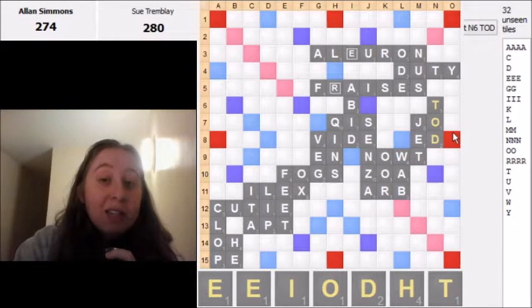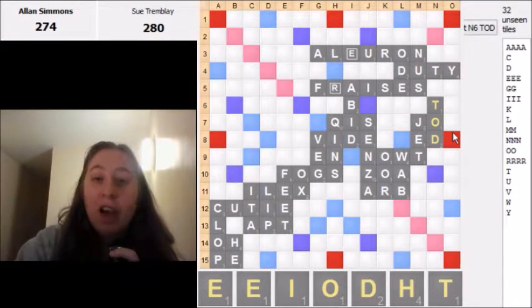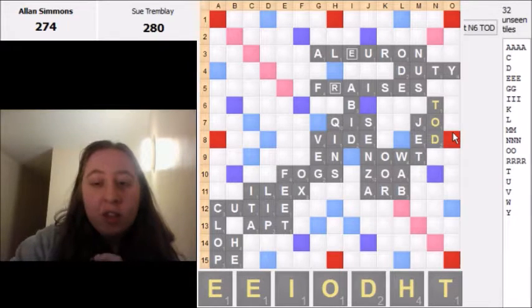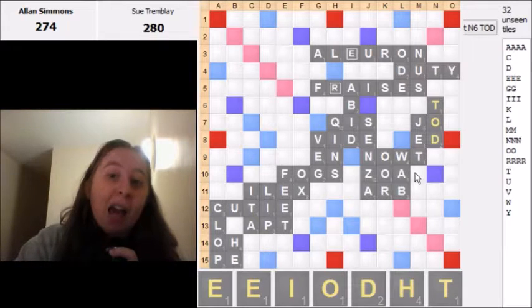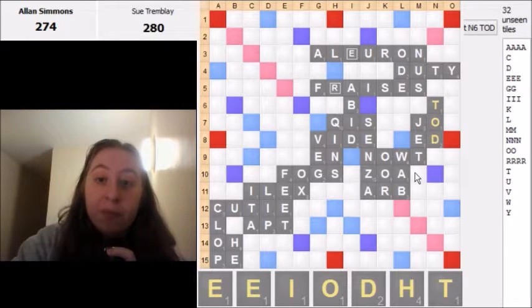You could argue it's a necessity on this board because of the lack of other scoring opportunities, but at the same time, this is one of those both-way plays, but it's a really interesting setup that was decided and chosen by Alan, and I think it's something to always consider, whether you can make a setup or whether you can't.